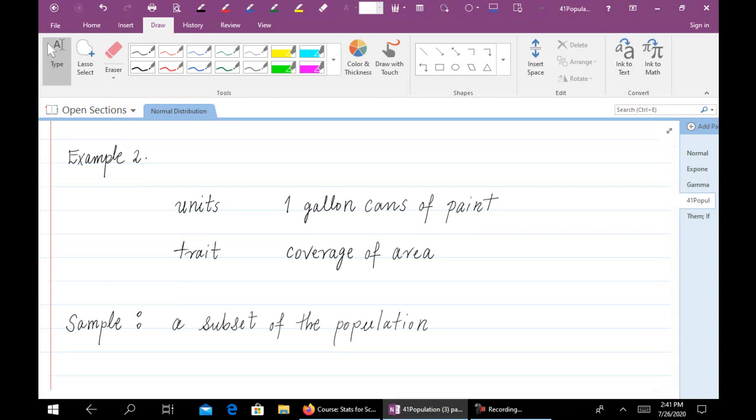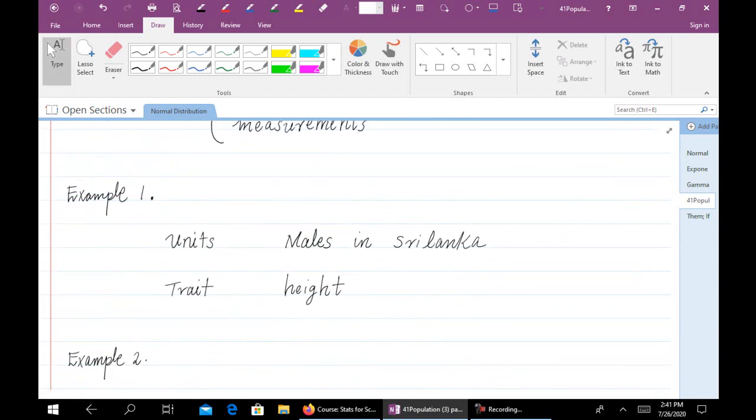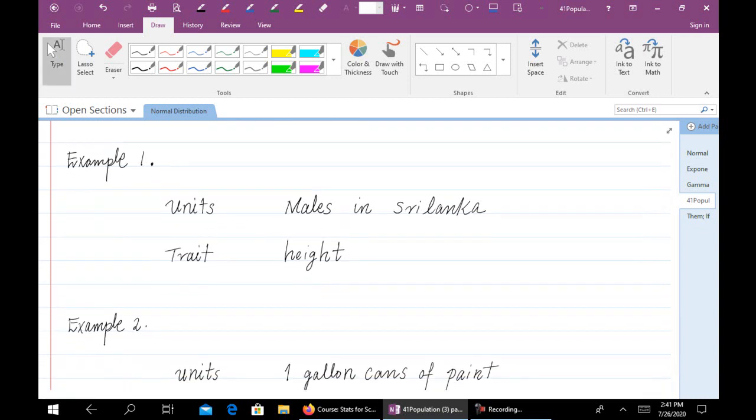Now, sample is simply a subset of the population. So in example 1, when we take males in Sri Lanka, we are studying height. Usually, population isn't something that you really compute out, because there are too many males. So usually you take a sample to say something about the population.